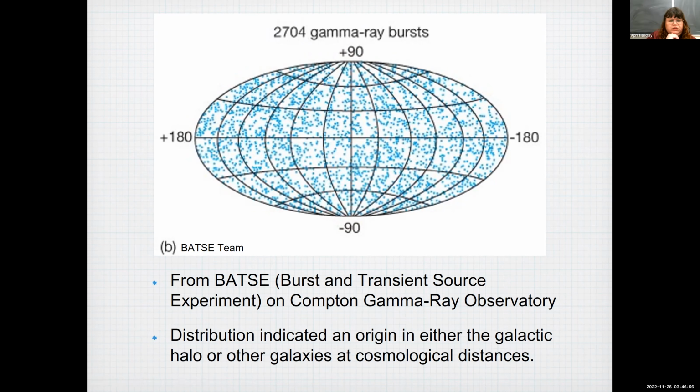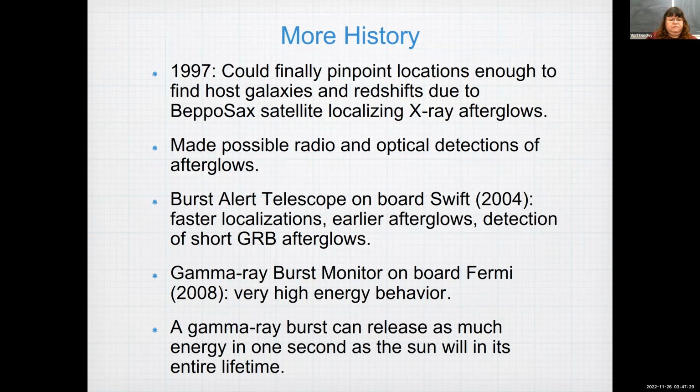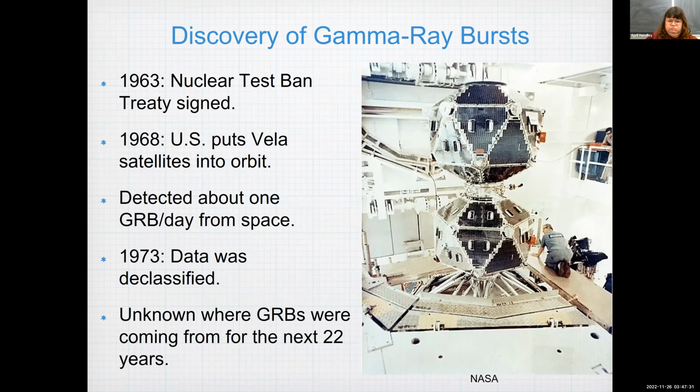There was no certain area on the sky where they were localized; they seemed to be uniformly distributed, which led them to conclude it was either something like the galactic halo that surrounds our galaxy, or other galaxies at cosmological distances. It actually turned out to be other galaxies at cosmological distances. But like I said, we didn't know that for about 22 years, until after the data was declassified or so.